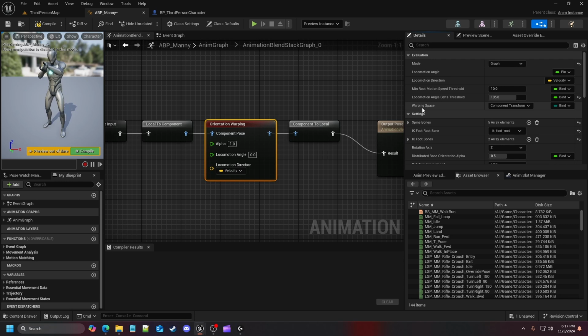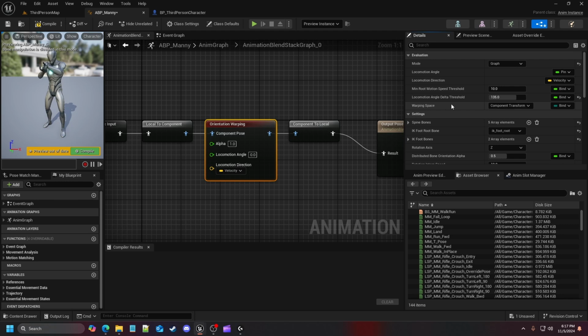And then we have our warping space, and like I said, we kept it at component transform because the root bone one is unnecessary unless you actually place that node in your animation blueprint. So with this, basically what it's doing is defining a space for warping, whether it be our component or root bone or, you know, a custom one that we make, like in a world or local setting maybe.